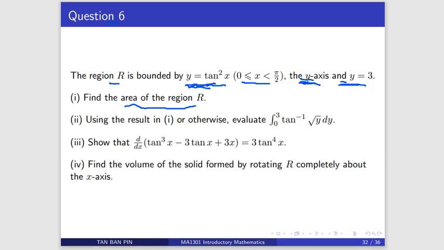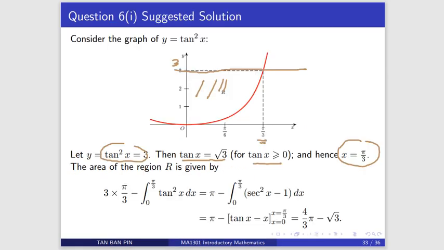So to find the area of the region R, this region R is bounded by tan squared x, the y-axis and y equal to 3. It will be just the area of a rectangle with height 3 and base pi over 3, so 3 times pi over 3, minus the area under the tan squared curve. So minus the integral from 0 to pi over 3 of tan squared x dx.